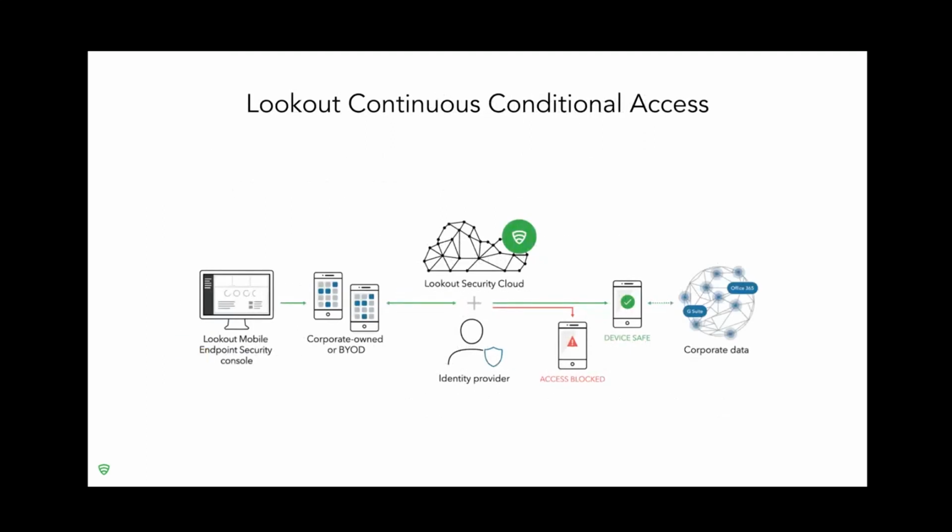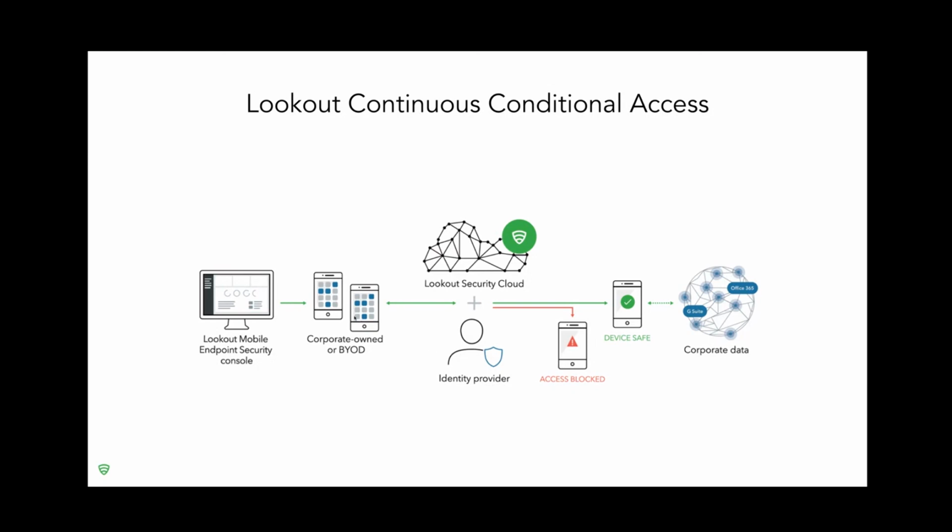So here you can see the overall architecture, what it means and how we integrate with Microsoft. We are calling that Lookout Continuous Conditional Access, because the devices here are enrolled in Lookout as well as in Azure Active Directory.